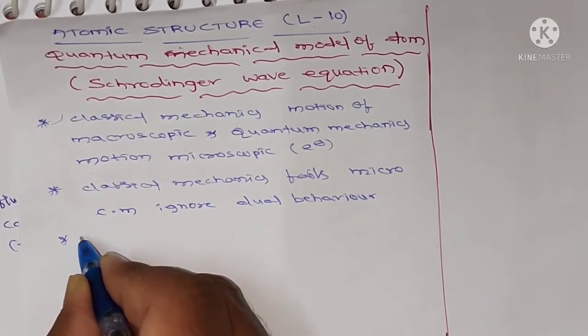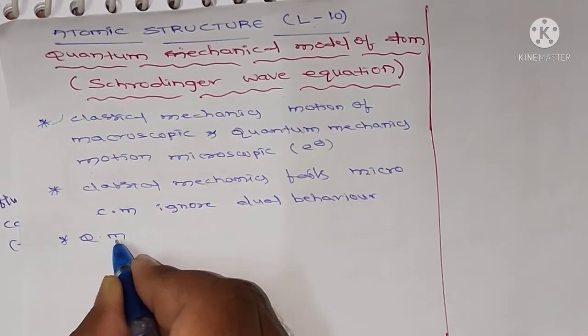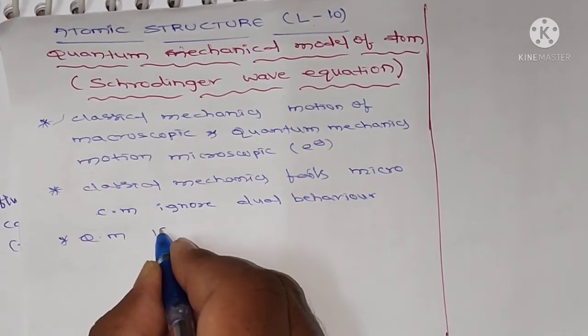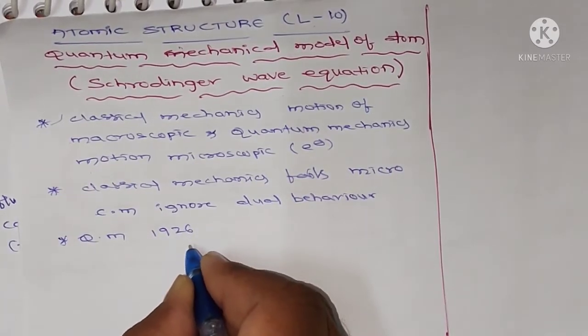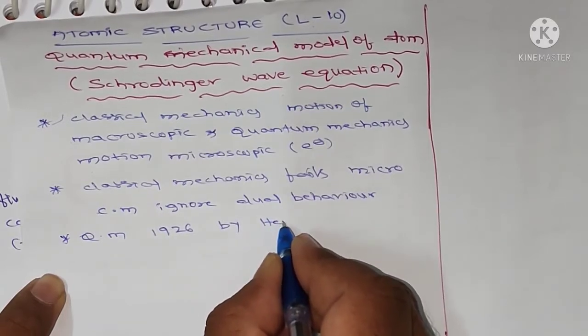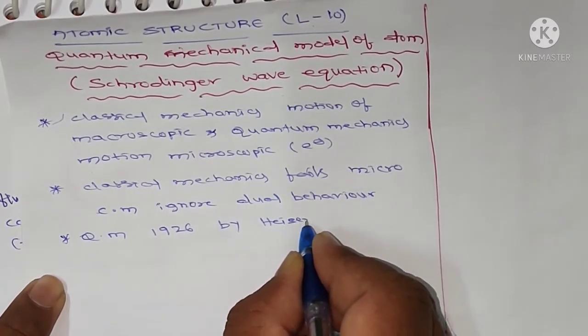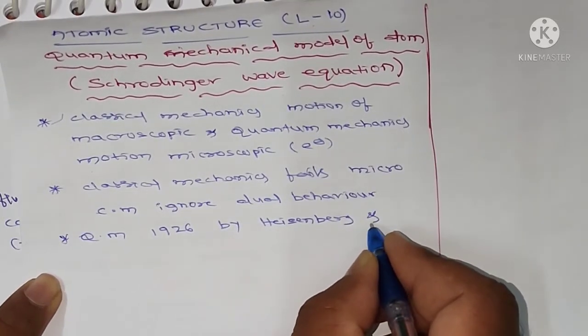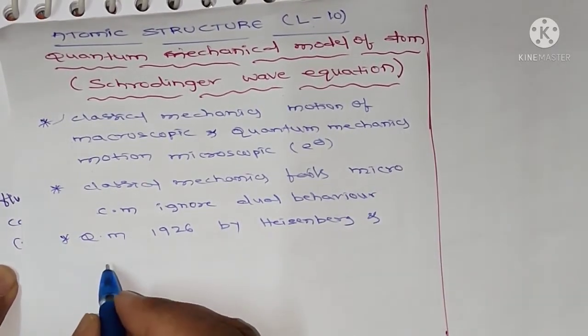And quantum mechanics developed in 1926 by Heisenberg and Erwin Schrodinger.